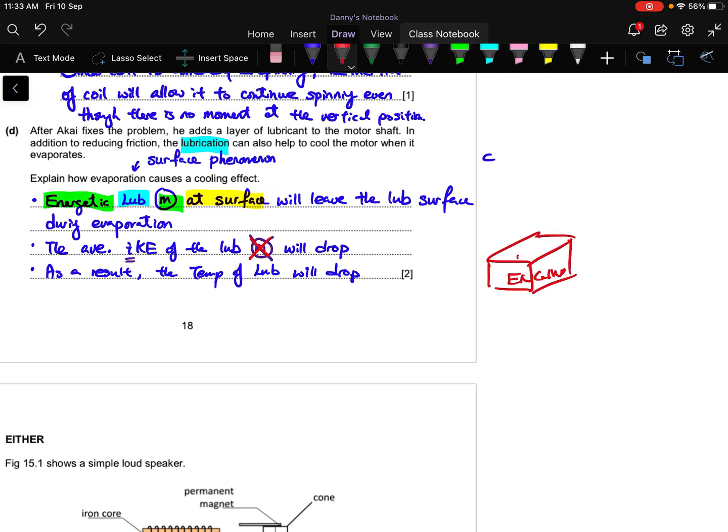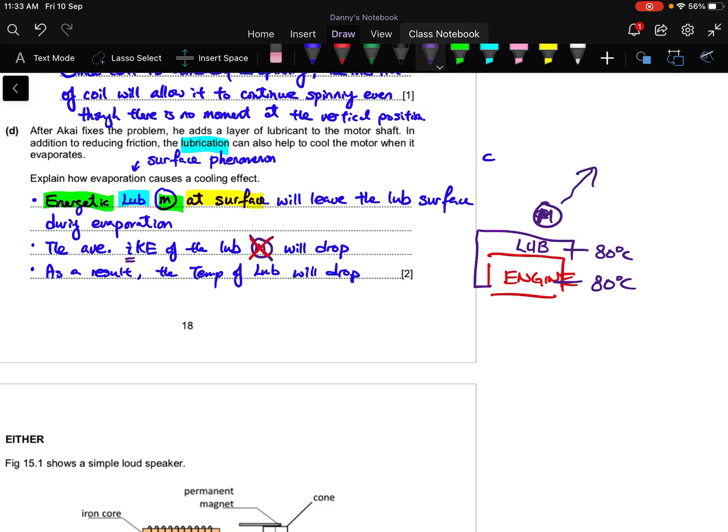So far what we have covered is that at the beginning, my engine, and then I have lubricant on it. They are of the same temperature, right? Then my energetic molecules leave. So the IKE here would drop.